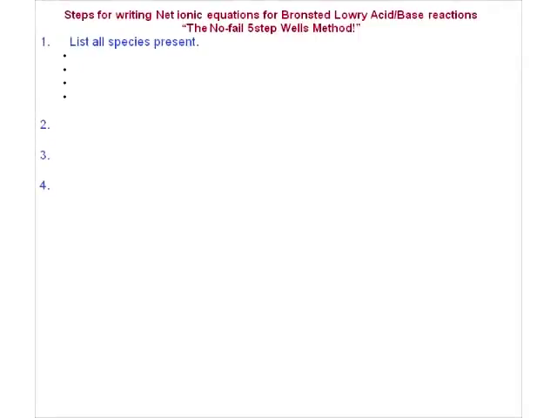So let's go back. Now that we've listed all the species present, we have to look at them and say, how is it going to behave? There's a number of ways that these compounds can behave. The first thing we can ask is, what if it's an ionic compound? If it's something like sodium bicarbonate or sodium hydroxide or potassium nitrate, these are ionic compounds, a metal and a complex ion.